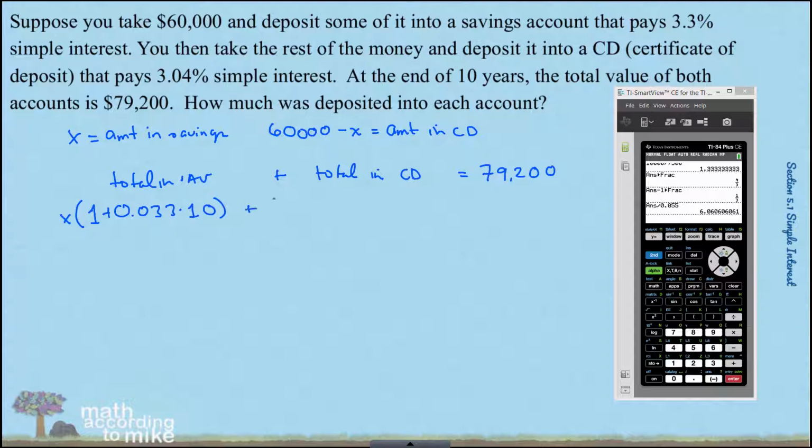In the CD, we put in 60,000 minus X, and it carried a 0.0304 interest rate for 10 years. So notice we have two instances of simple interest, P times 1 plus RT. It just happens that for the CD, P was the binomial 60,000 minus X.